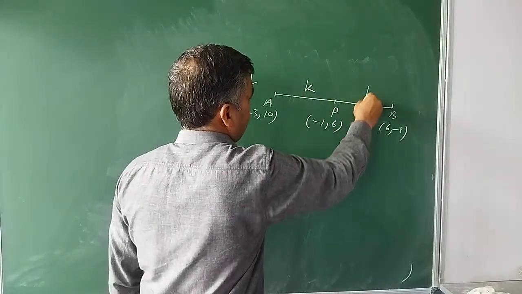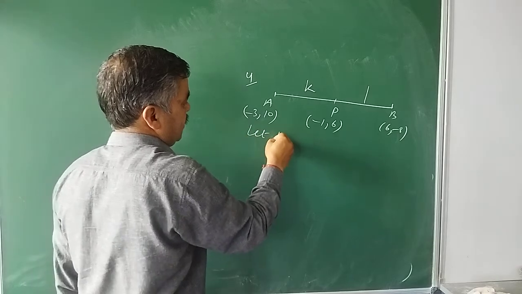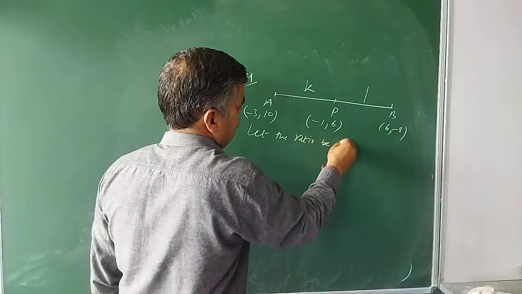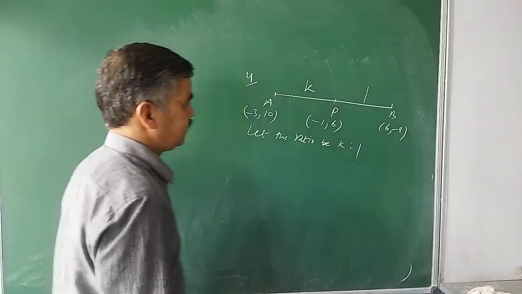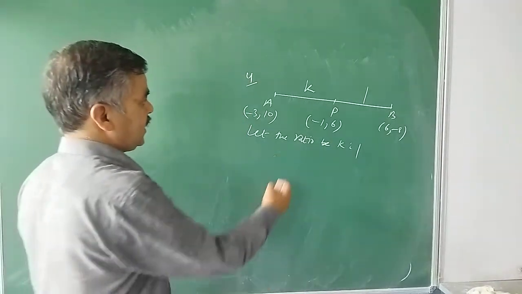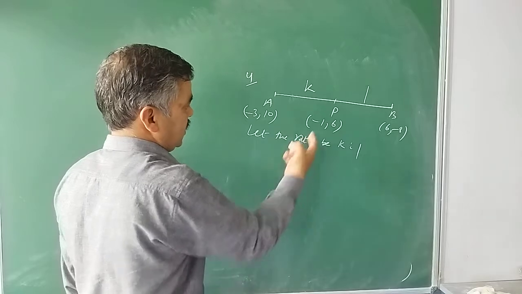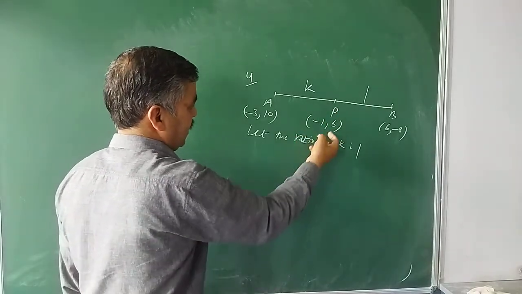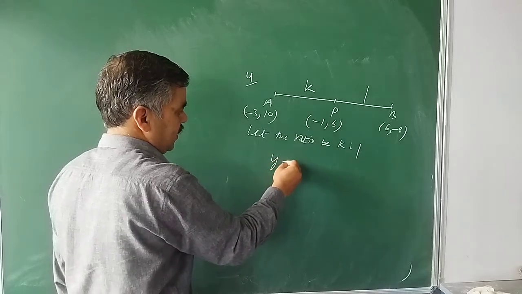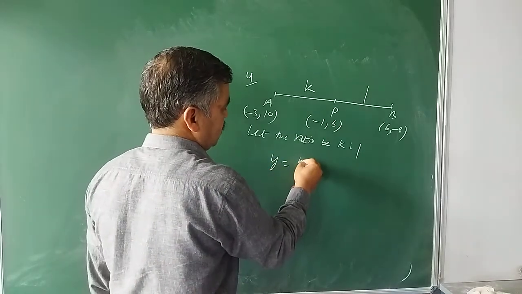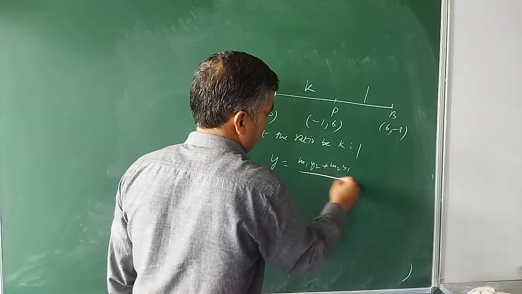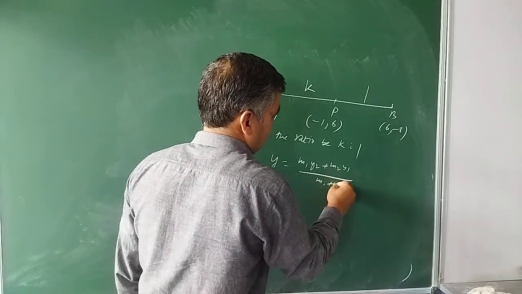So let the ratio be k ratio 1. First step: let the ratio be k ratio 1. As I said, you pick either x or y. If I take y, it is equal to (m1 y2 plus m2 y1) upon (m1 plus m2).